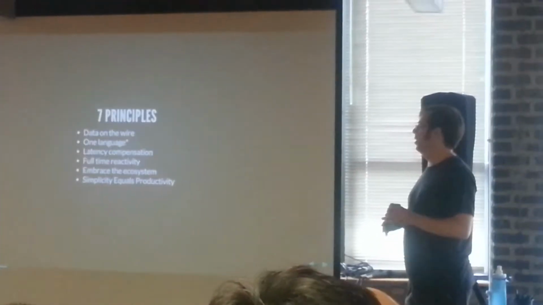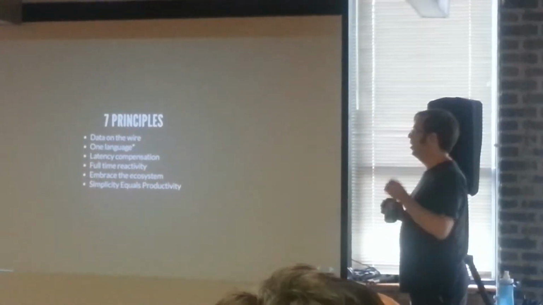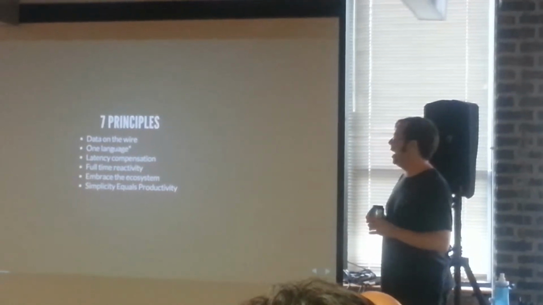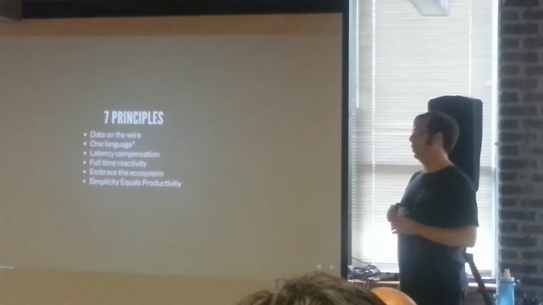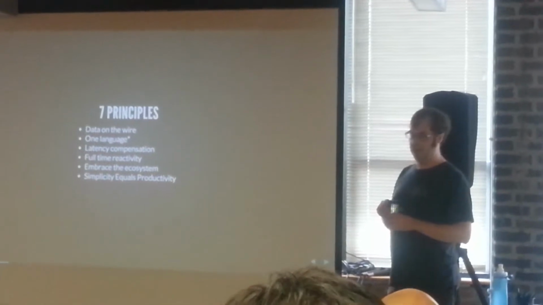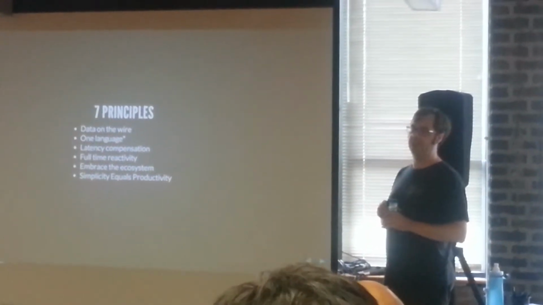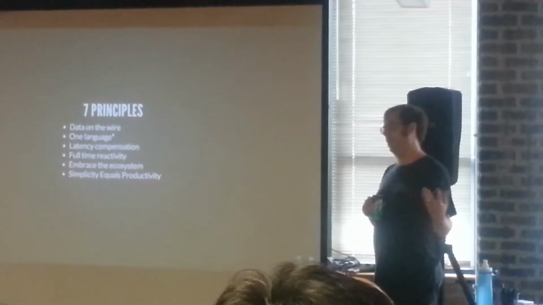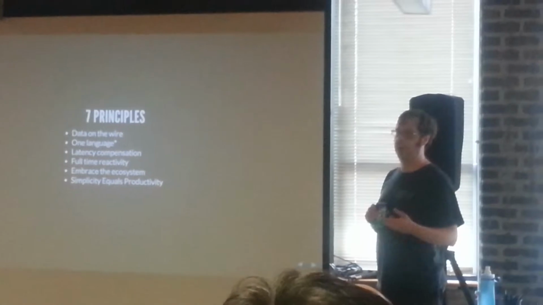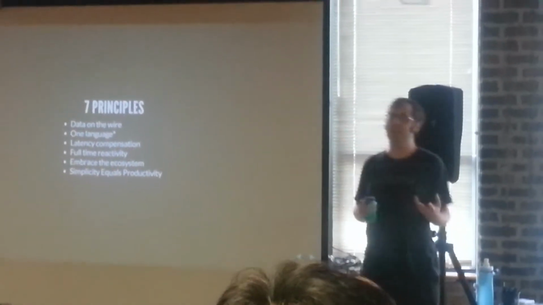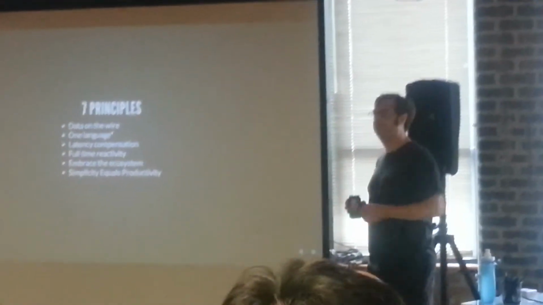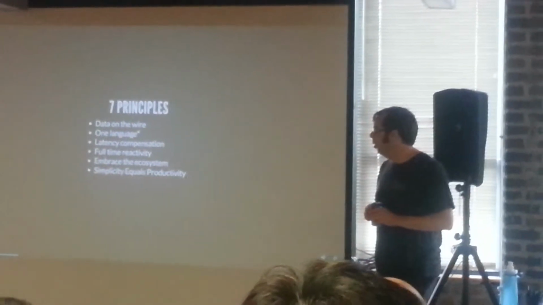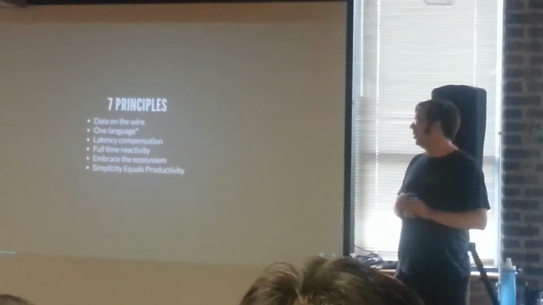The Meteor documentation describes 7 principles that Meteor embraces. And I thought I'd just go through those really quickly. Data on the wire just basically refers to we're not going to send down views with the application in HTML and arbitrary things. We're just going to send data in the form of JSON back and forth over the wire. This is kind of an obvious thing. If you're building an Angular application, you're probably already down the well already. Angular makes that the default way to go. One language, that's kind of interesting.